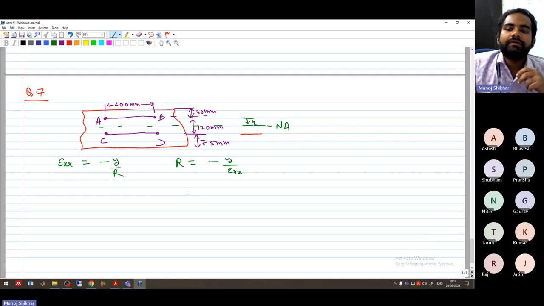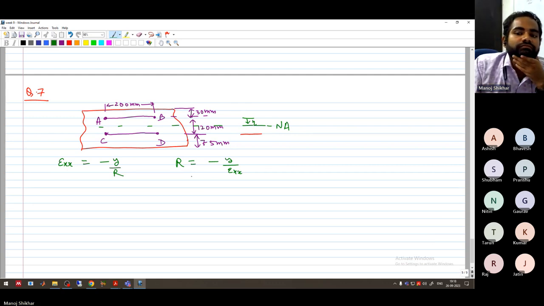Now what will be the value of y? If we look from the neutral axis, the value of y will be eta for AB, and for CD it will be eta minus 120, right? Because suppose this was eta, this whole length will be 120 minus eta. There is no doubt about it. But what will be the coordinate here? The coordinate here will be minus 120 minus eta, right?